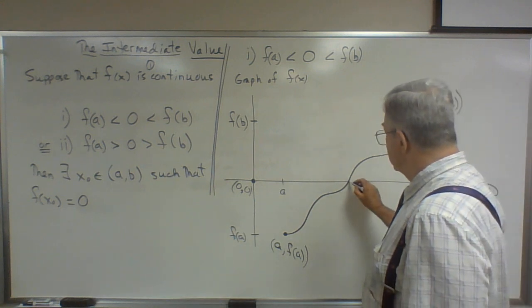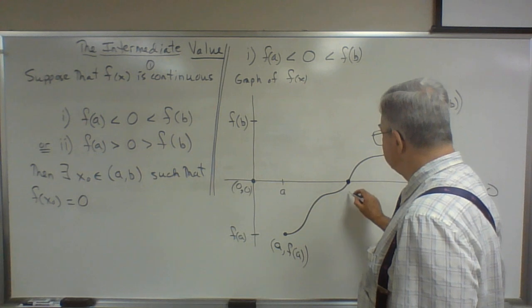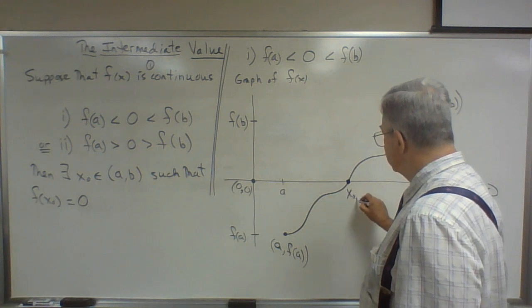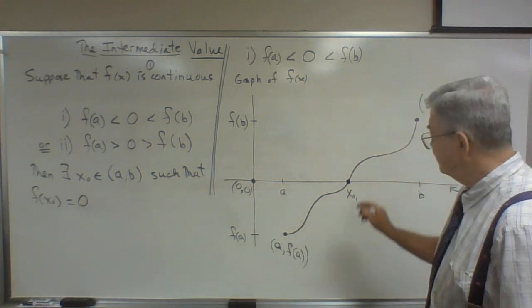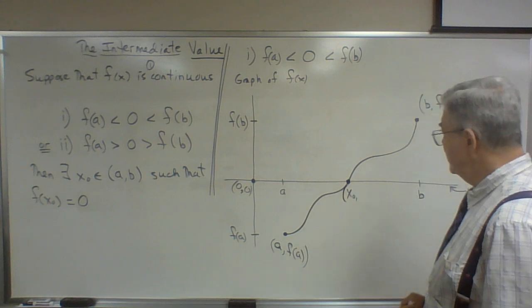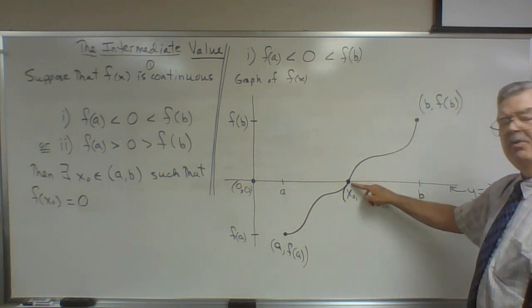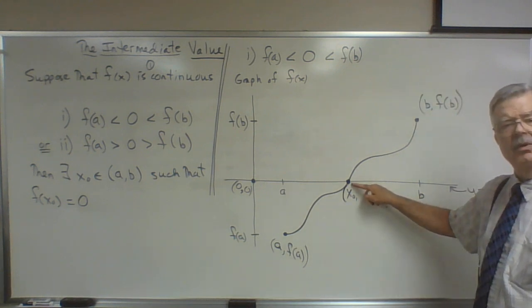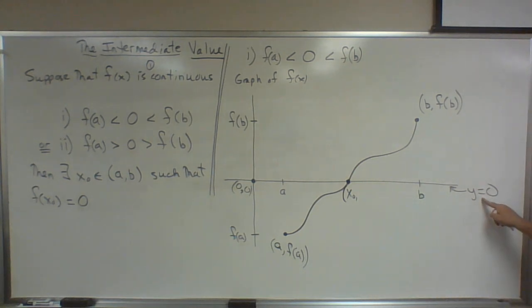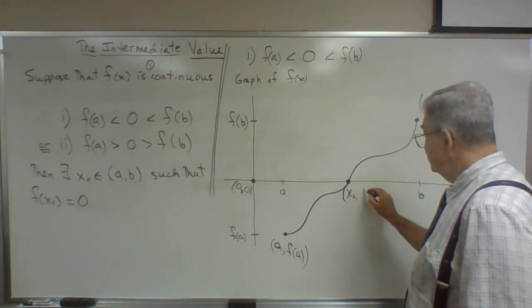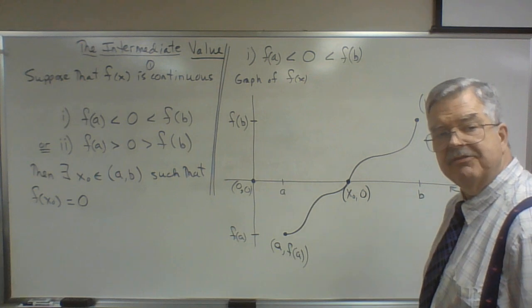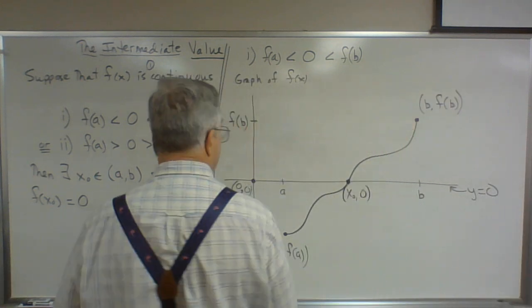And right where we cross the x-axis, we call this x naught. And since this point is on the x-axis, the y-coordinate is 0. So this is the point (x naught, 0).